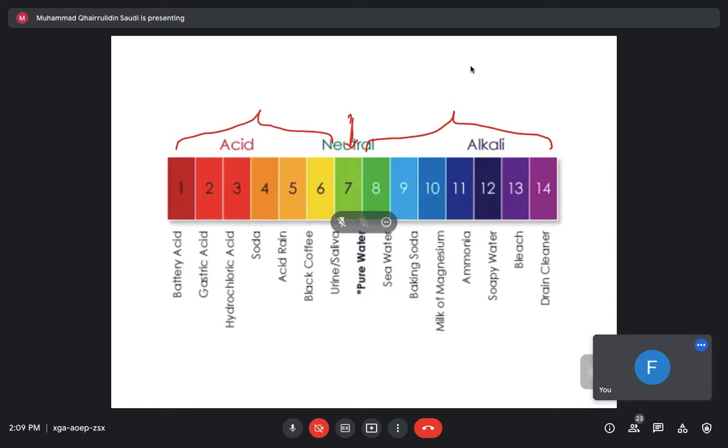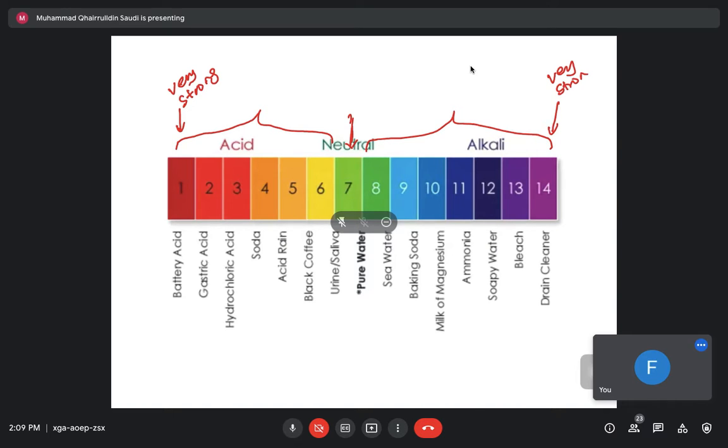Between 1 to 6, which acid is more acidic ataupun is more strong? Is stronger. Okay, wine. Okay, wine is a very strong acid. Okay, and then for alkali, between 8 to 14, which one is a very strong alkali? 14 is very strong. Okay, good.